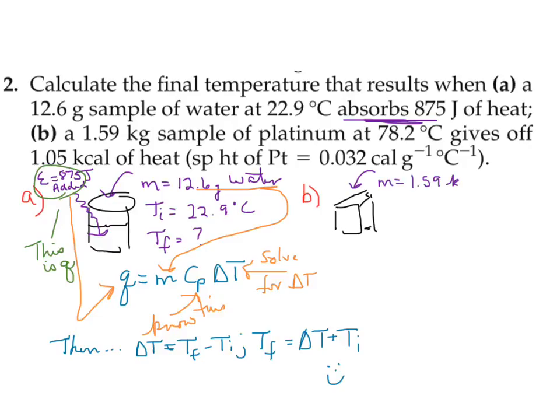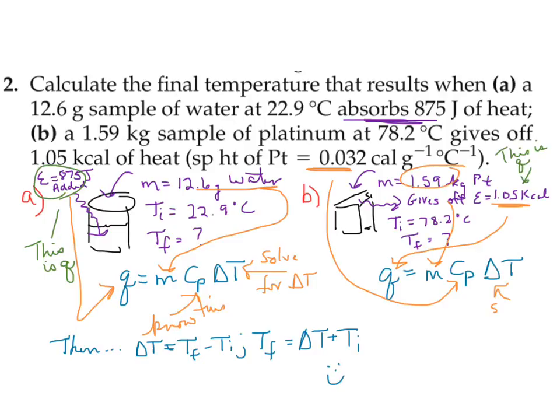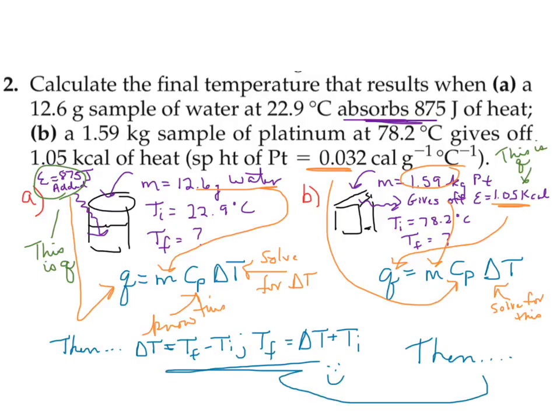And then the other one deals with a block of platinum. The specific heat of platinum is given. Again, you're after the final temperature, and in this case, you're going to zap it with 1.05 kilocalories of heat. So we deal with joules. Calories, of course, are those pesky English units. So the specific heat is given not in joules per gram degree Celsius, but in calories per gram degree Celsius for your convenience.